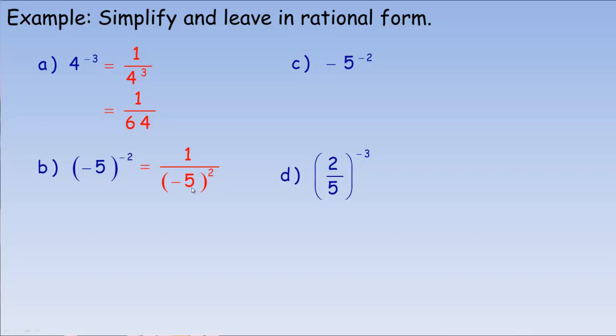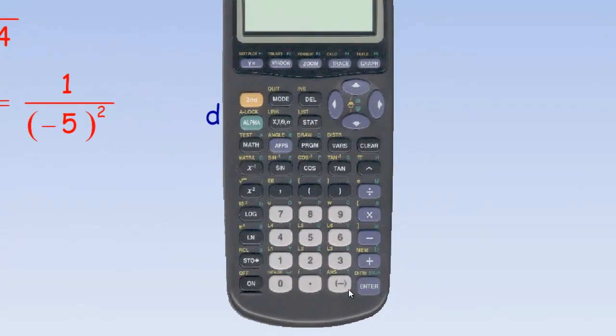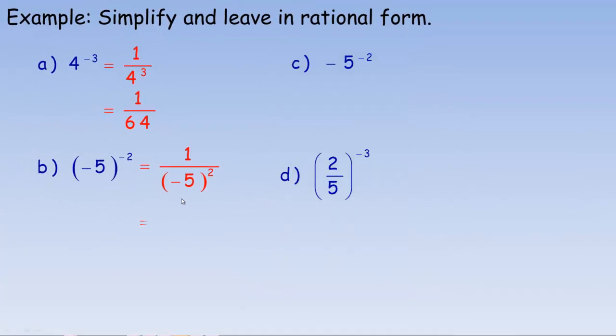Okay, and I would evaluate my negative 5 squared. So negative 5 in brackets squared means negative 5 times negative 5, which is positive 25. So this is actually 1 over 25 here.